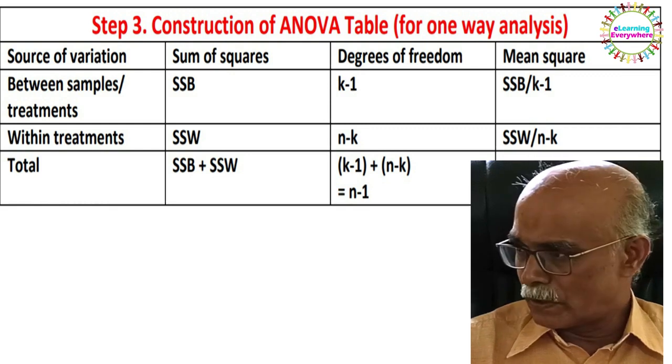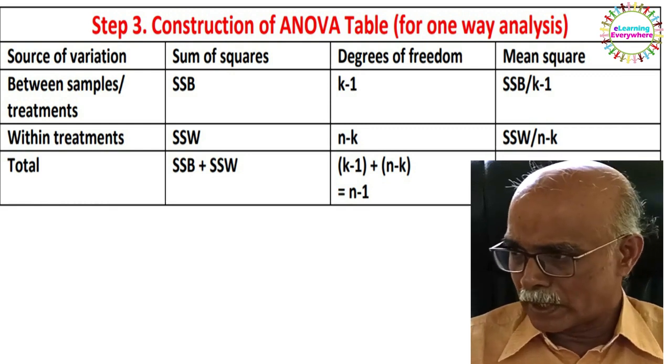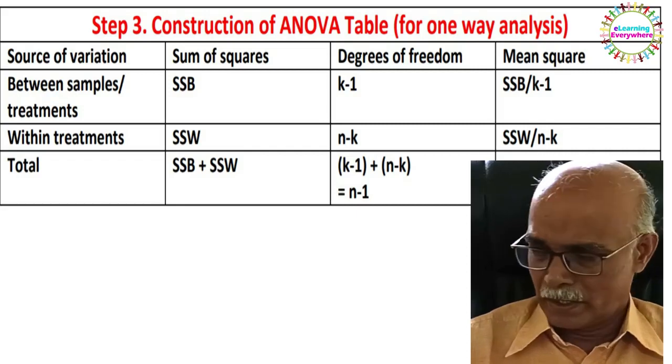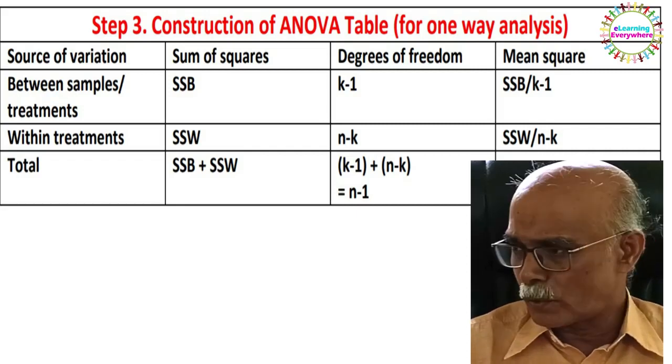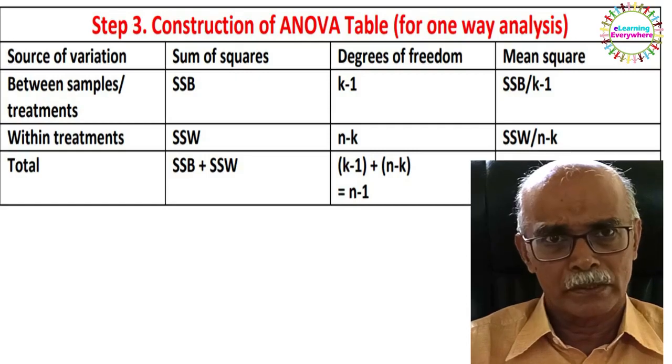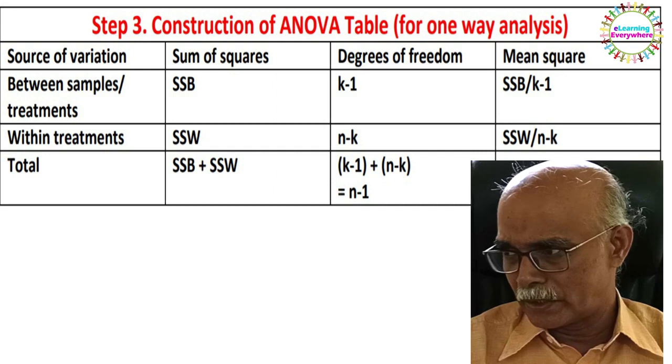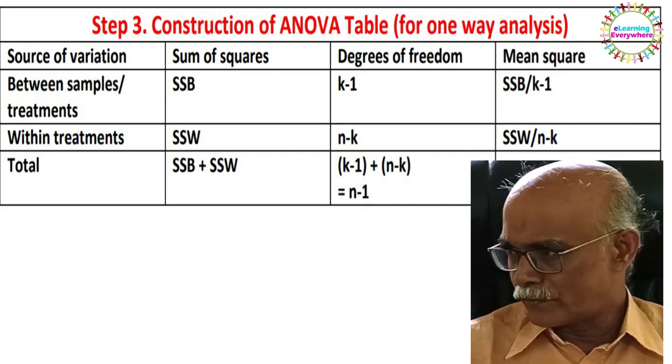The total degree of freedom will be n minus 1, and n minus 1 is obtained by adding k minus 1 with n minus k. So that is the total degree of freedom.